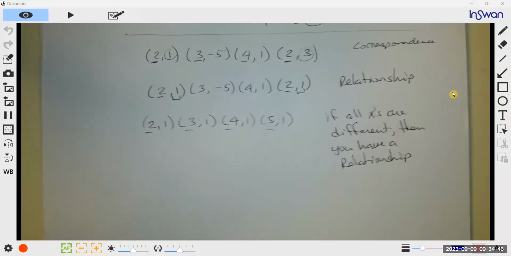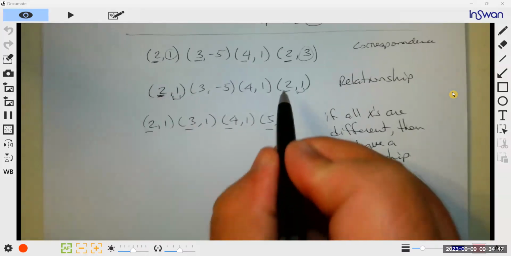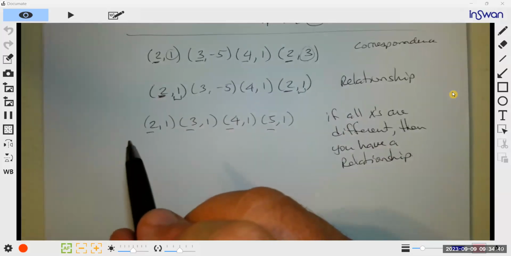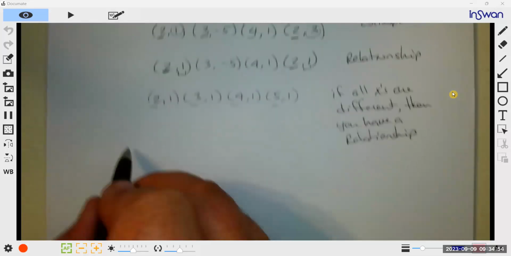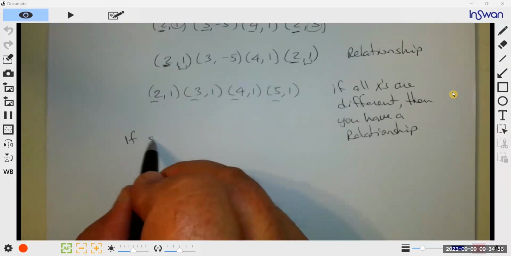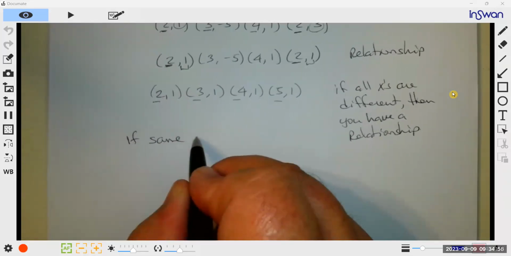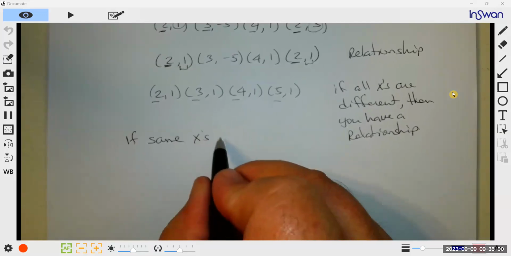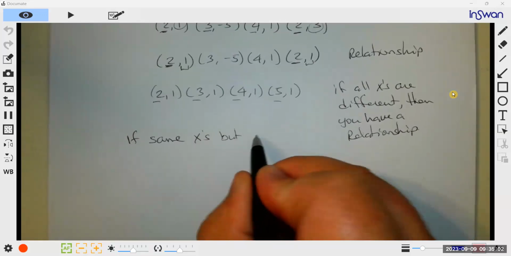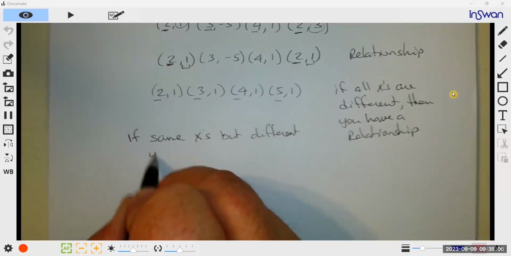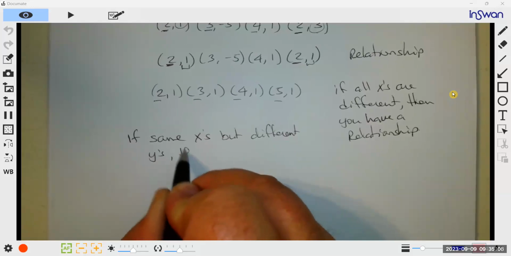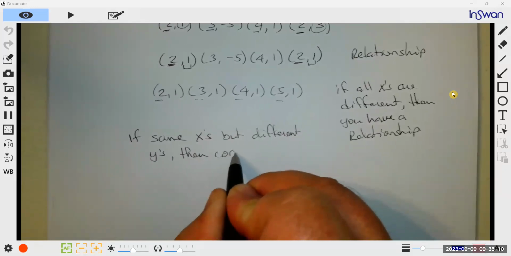The only time we have to worry about it is if two or more of your x's are the same. If you have the same x's but different y's, then it's a correspondence.